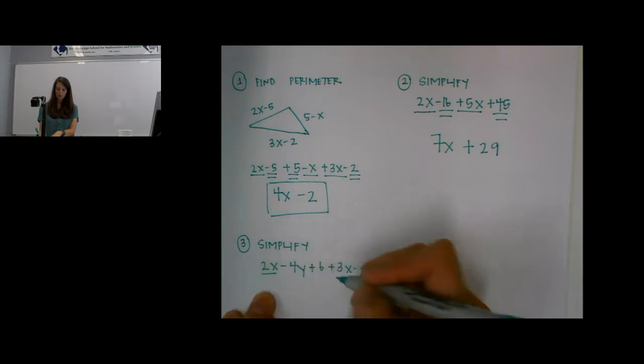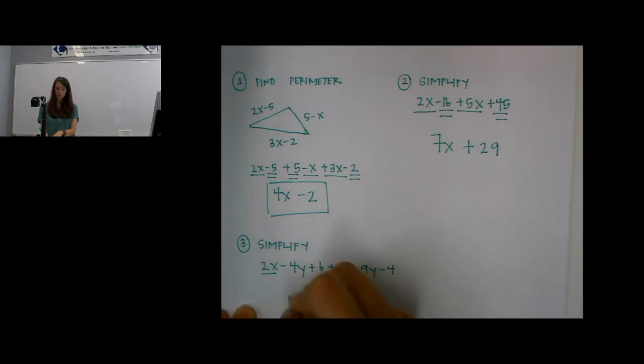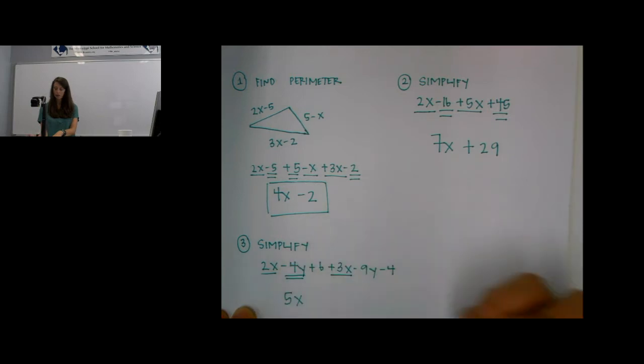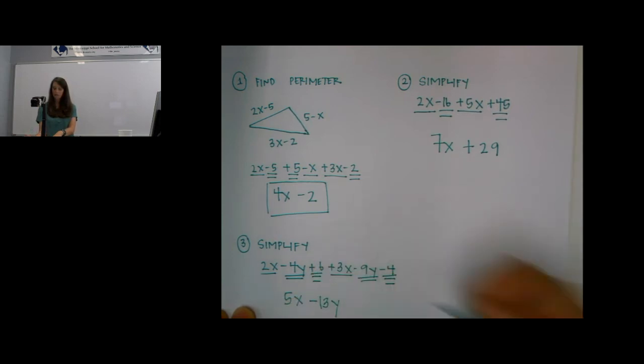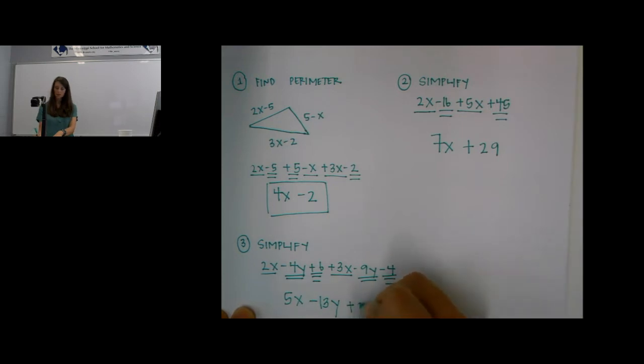So I want to combine my x's, so 2x plus 3x, which gives me 5x. I have a negative 4y and a negative 9y, which is a negative 13y. And then I have my constants, 6 minus 4, which is a positive 2. Okay? All right.